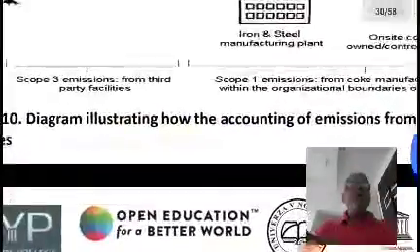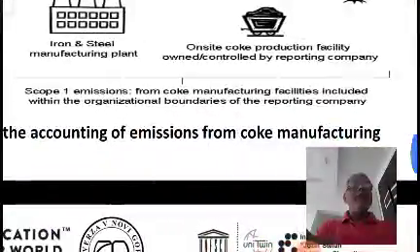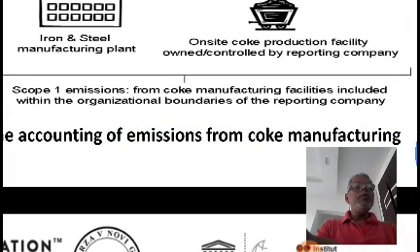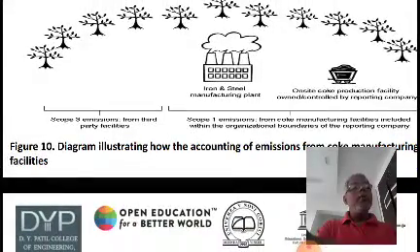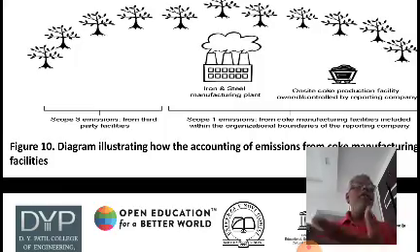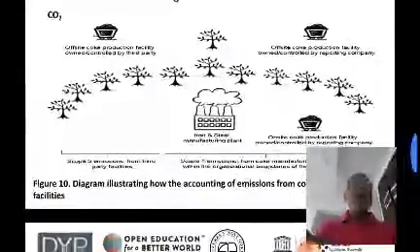In scope 1, it is written, the emission from the coke manufacturing facilities included within the organizational boundaries of the reporting company, or scope 3 is the emission from the third party facility. That means whether you are manufacturing coke yourself or it is from the outside, and accordingly we have to calculate it.